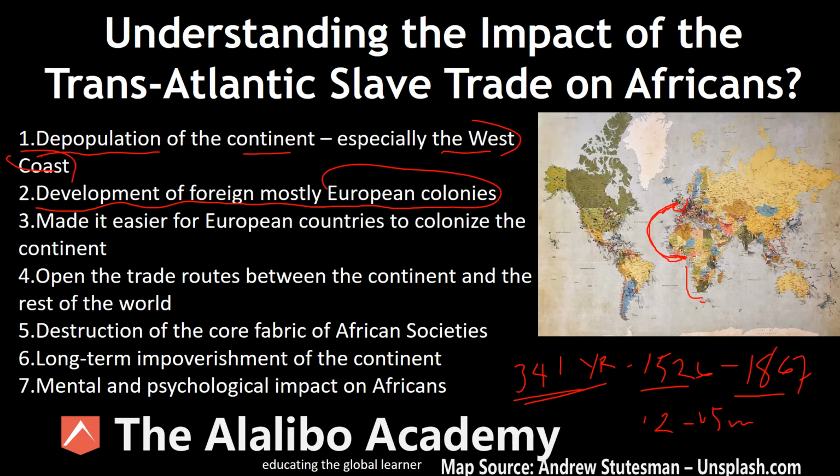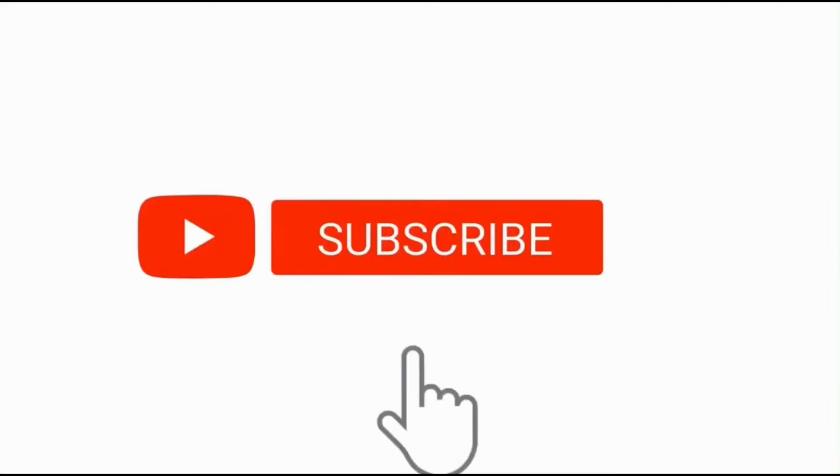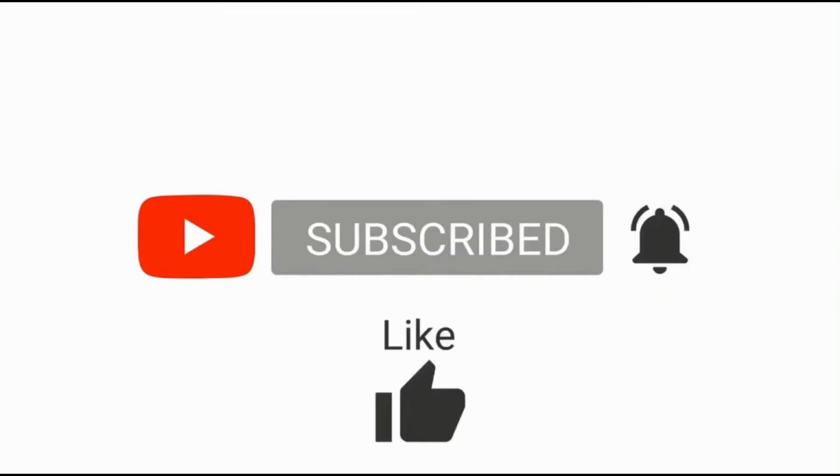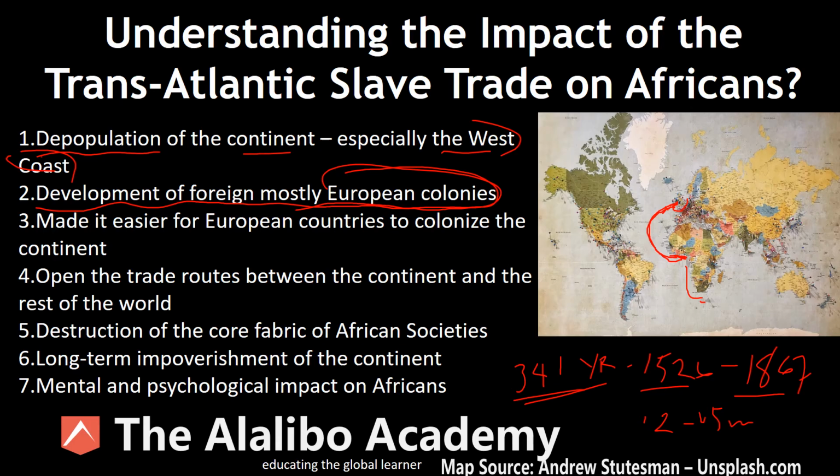So the development of foreign, mostly European colonies on the continent, and of course we have the different countries speaking the languages of the colonizers, French, English, and in some parts of the continent, Portuguese: Angola, Mozambique, Guinea-Bissau, Cape Verde, for example, speaking Portuguese and so forth. So the impact was very, very significant in this context.